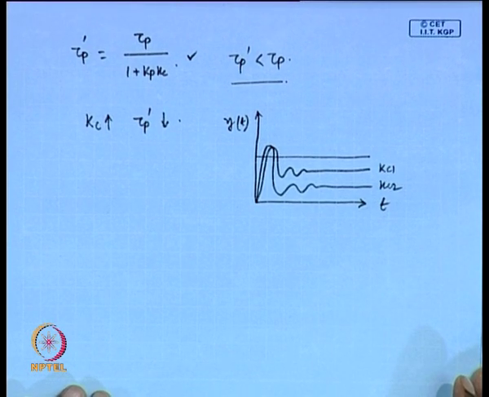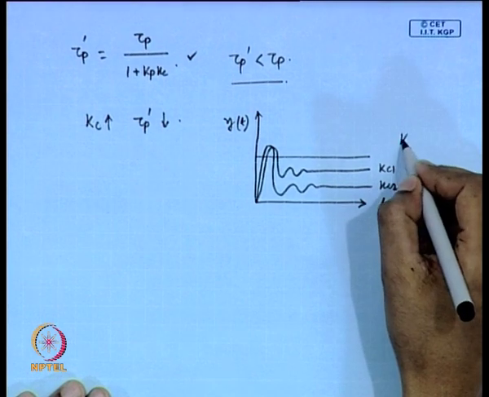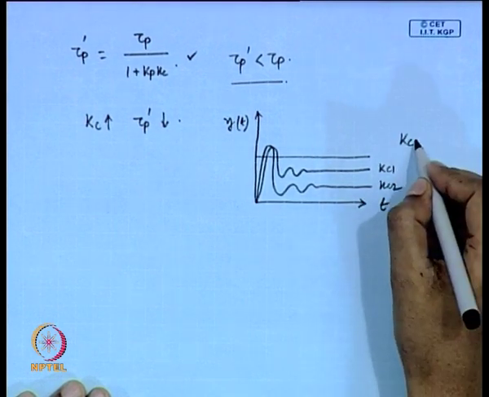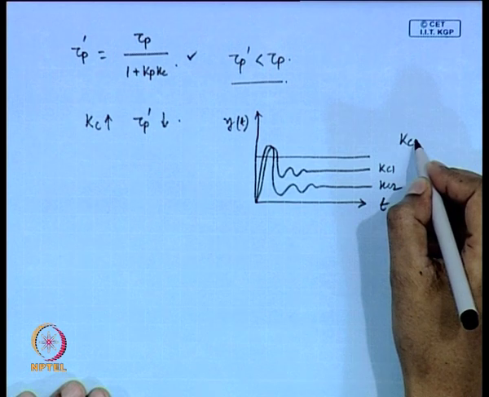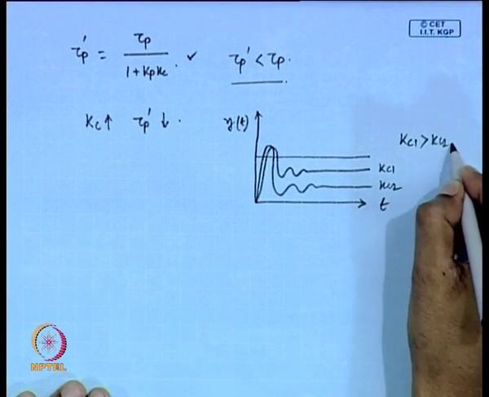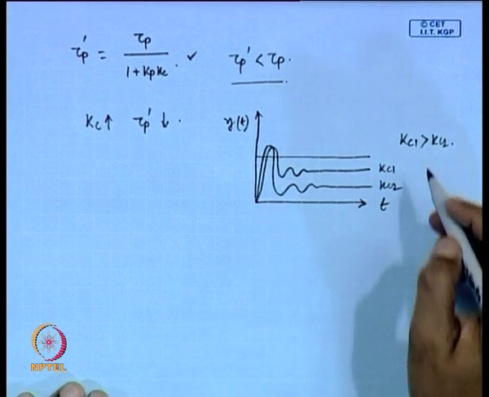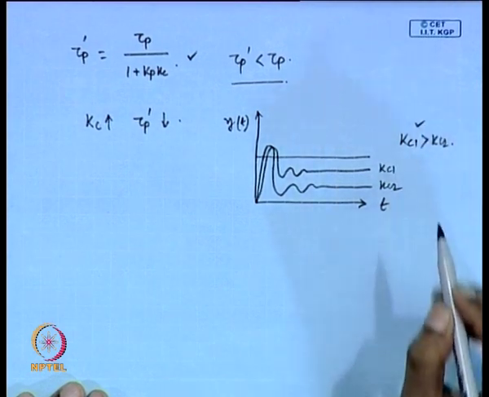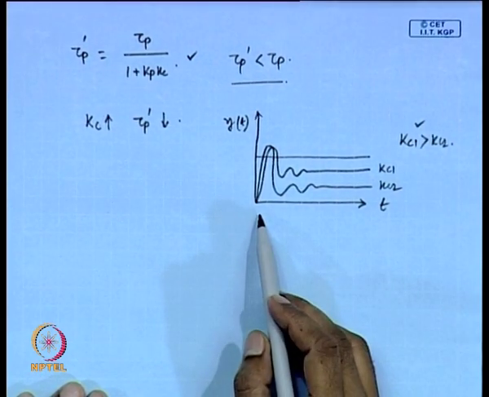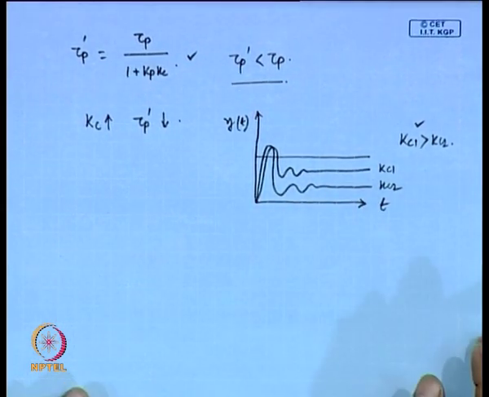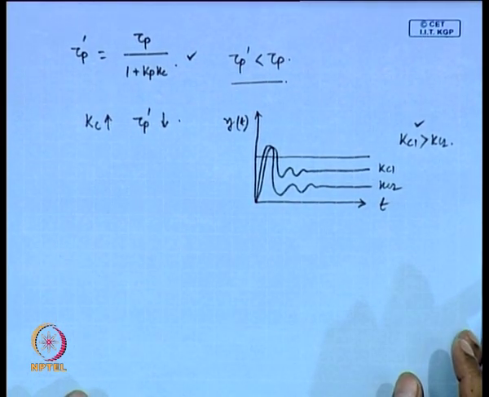This is K_c2. So, here K_c1 is greater than K_c2. Fine. Now, if K_c1 is higher, then the process under K_c1 reaches the steady state quicker than K_c2. That we need to include also in this figure.